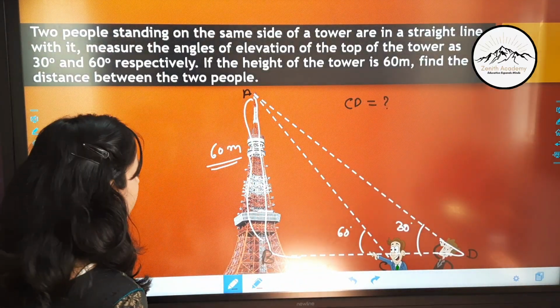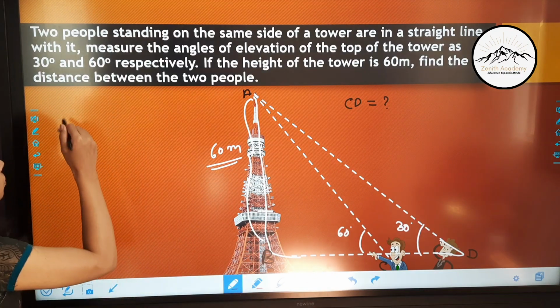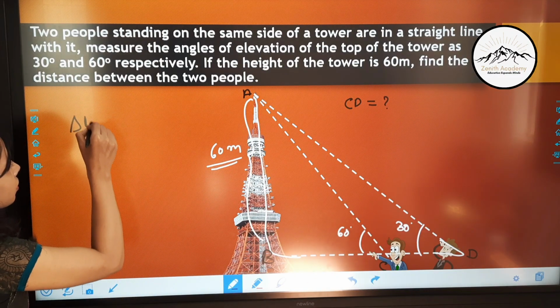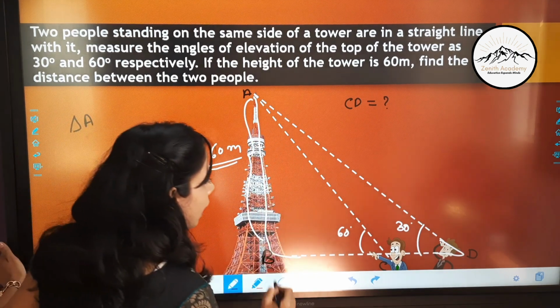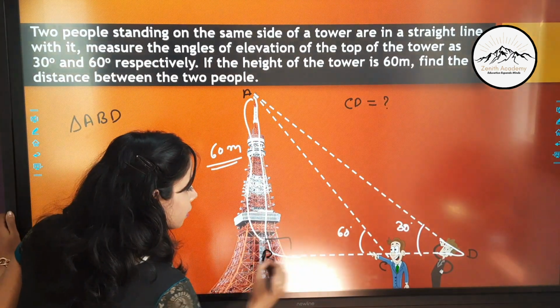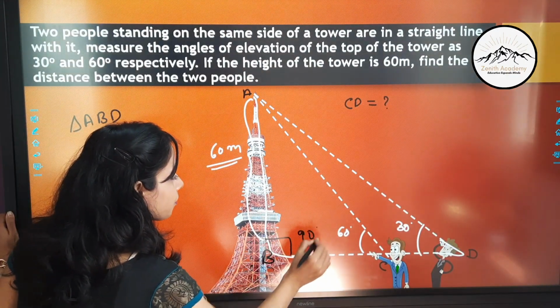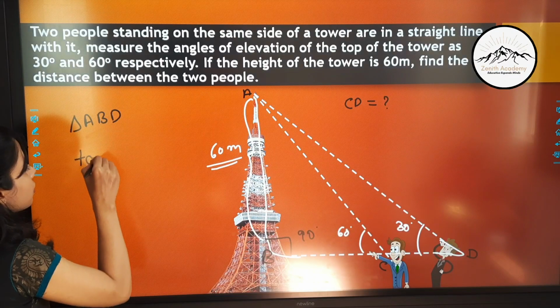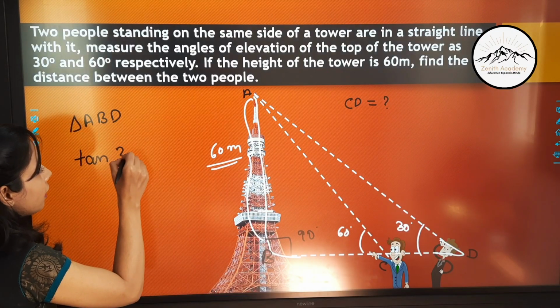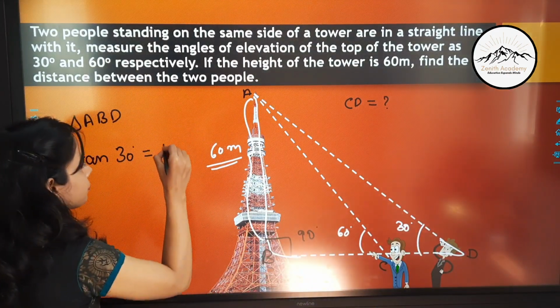Now how can we find that? We have two triangles. So first let's take triangle ABD. In triangle ABD, angle B is 90 degrees. So again we'll use the tangent property. So tan 30 degrees is AB upon BD.